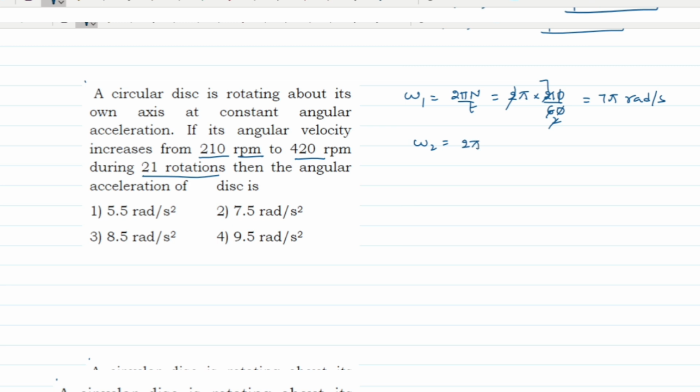It is increasing 2 times, so 2 times this 7 pi, since 420 rotations are completed. So take 2 into 7 pi directly, you need not use the formula alone, which is equivalent to 14 pi radian per second.